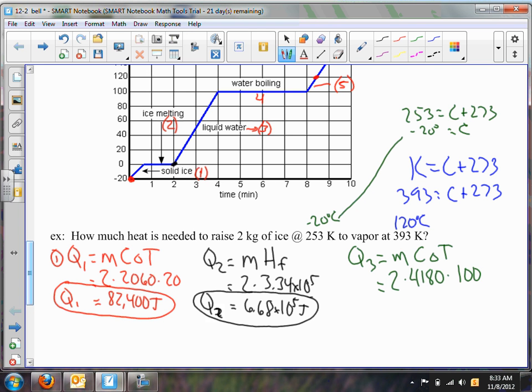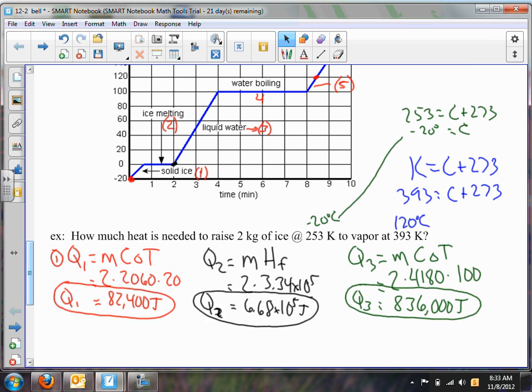So 2 times 4180 times 100 equals another 836,000 joules. That is simply Q3. That is how much it takes to raise the temperature of the water up to the boiling point. We are now up to here.